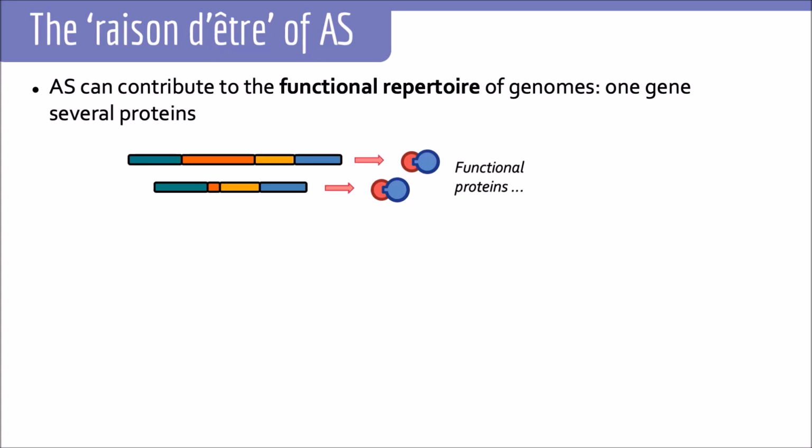One first reason why alternative splicing is present is that it contributes to increasing the functional repertoire of genomes. This has been clearly demonstrated. There are some very nice examples of genes that can produce different protein isoforms with different functions through alternative splicing.